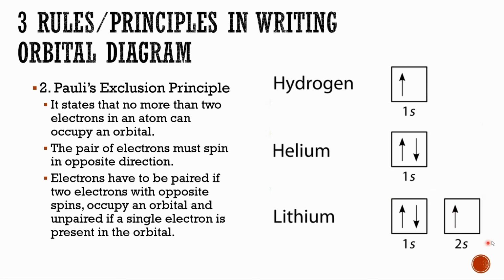So we have now total of 3 electron. Ang sinasabi po dito ni Pauli ay sa isang orbital, dapat isang pares lang ng electron ang mailalagay. Hindi pwede 3. No more than 2. Sabi niya, pwedeng isa, pero hindi pwedeng sobra sa 2. Pair. Kailangan magka-opposite yung direction.